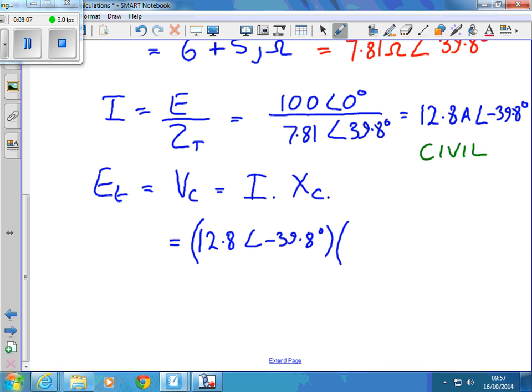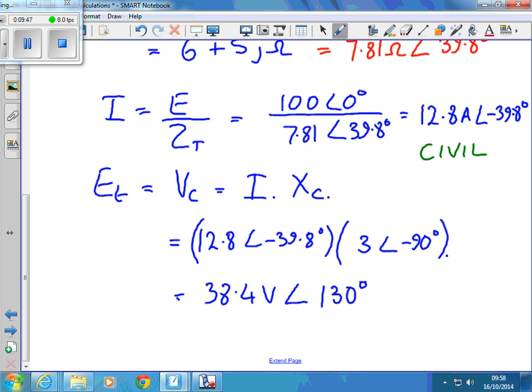Capacitor, what's the angle associated with it? Minus 90 degrees. So we've got 3 angle minus 90 degrees. We do that multiplying out. 38.4 volts, angle 130 degrees.